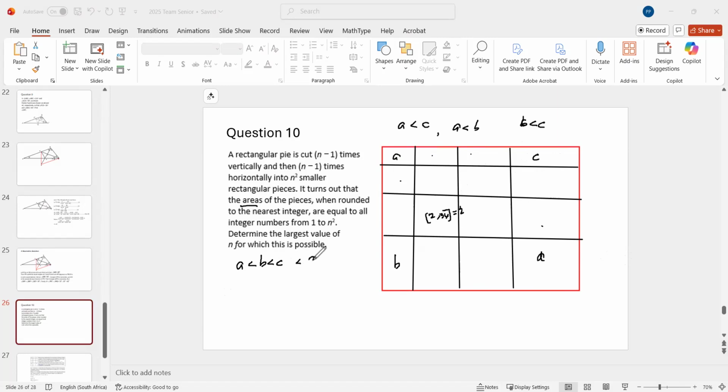Now, I claim that C is actually smaller than D. We don't know that. Okay. How do you do that? So what I'm going to do is give the sides of this, we'll call it XY, and the sides of this PQ. So you got that A is equal to XY, the area, and the area D is equal to PQ.